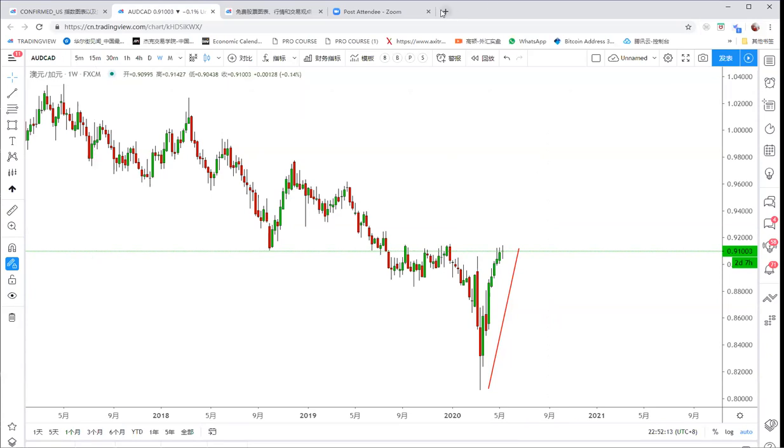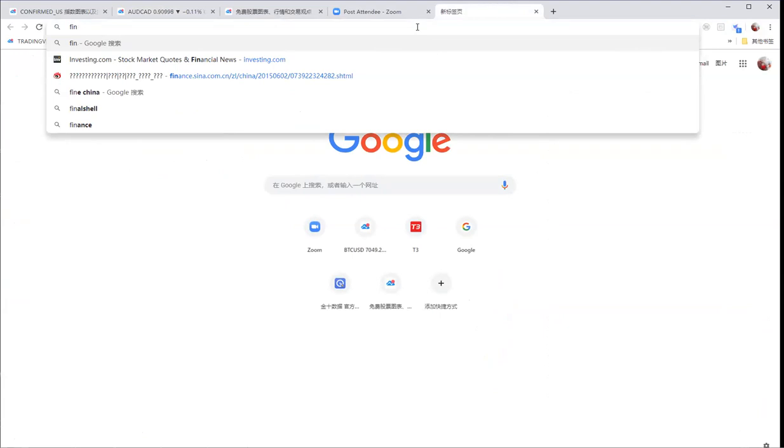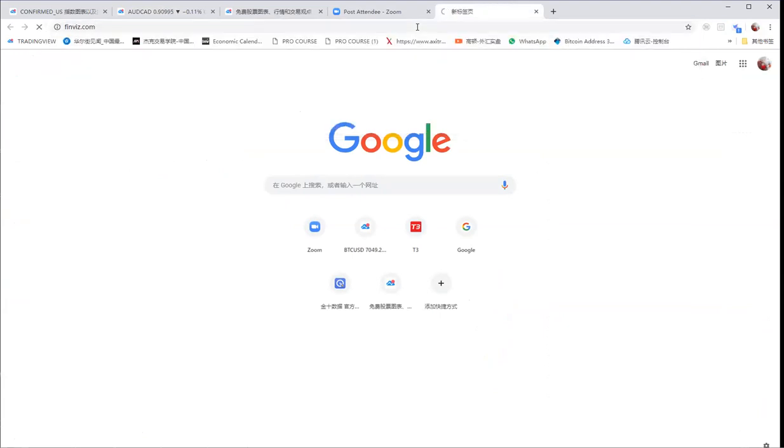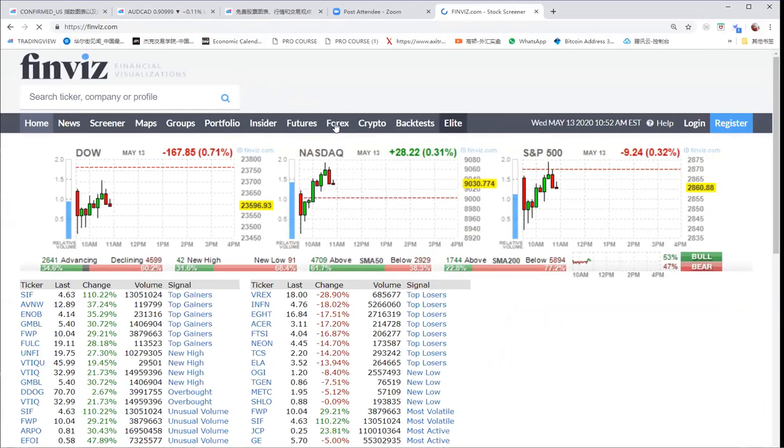Let me show you another website. This website is called finviz.com. You go to finviz.com and you select Forex, and you choose performance.